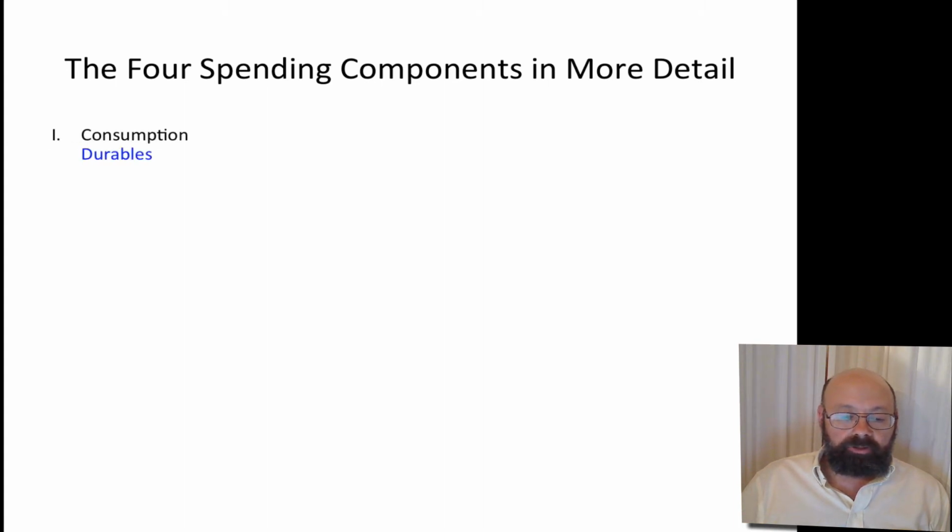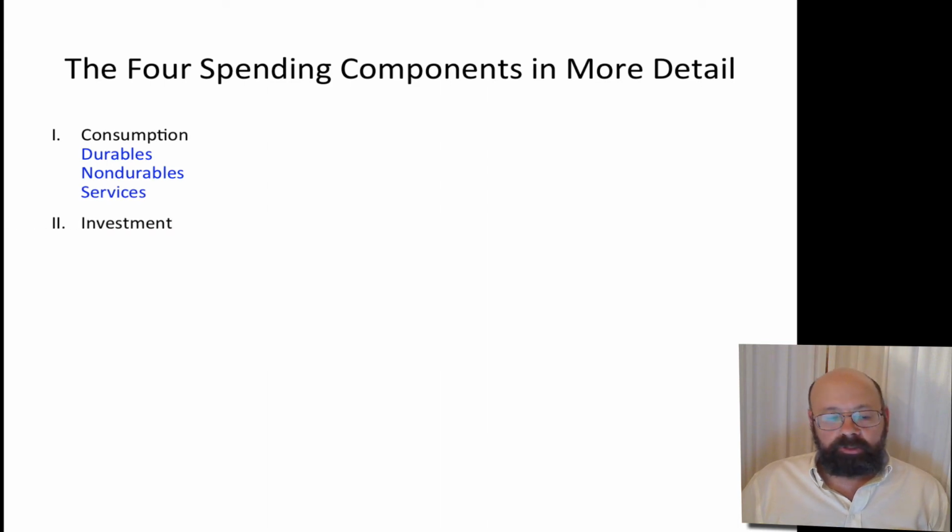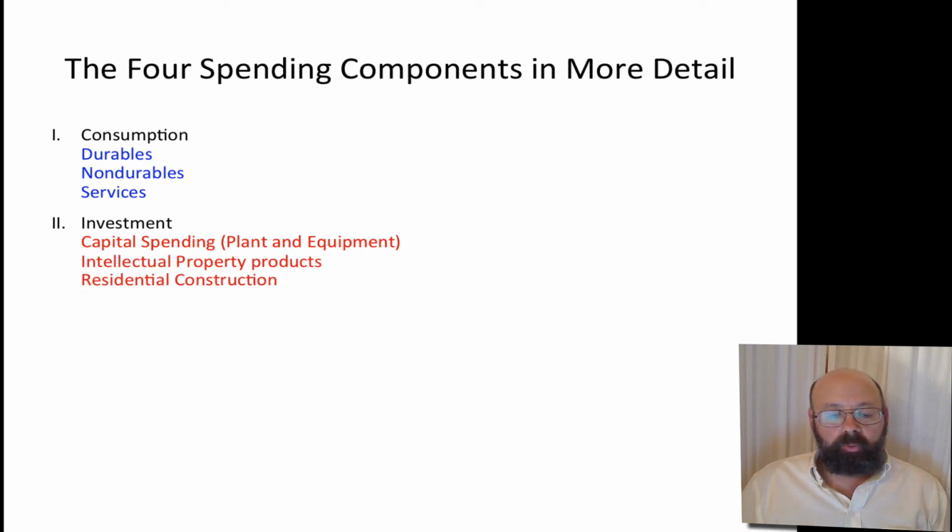So I want to talk about consumption. When we talk about consumption spending, we're going to find out that it can be broken down into what's referred to as durable and non-durable consumer goods, as well as services. When I talk about investment, in other words, spending by the business sector, it can be broken into capital spending, that's for plant and equipment, intellectual property products, I'll have more to say about that, residential construction, like houses, single-family homes, apartment buildings, and condominiums.